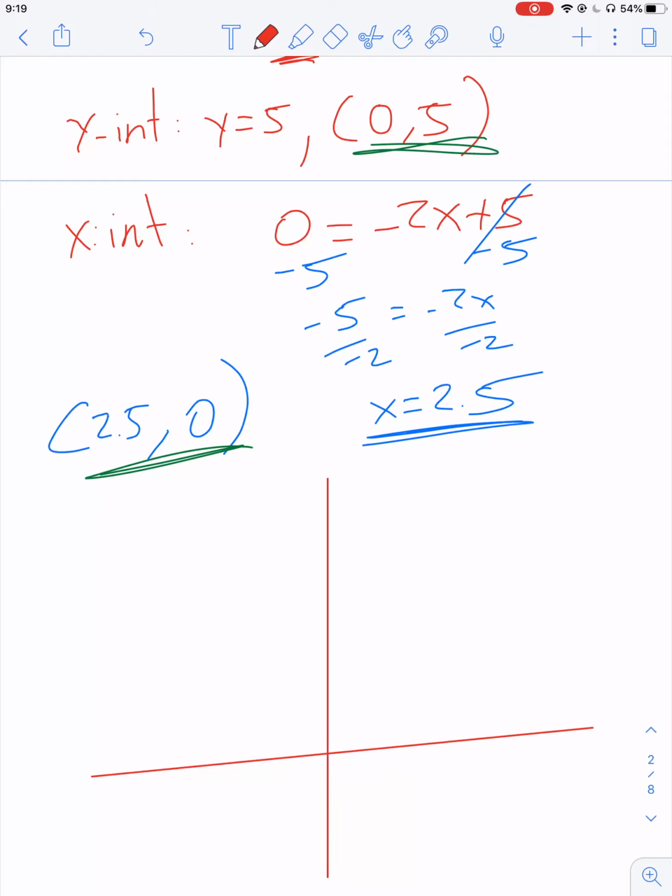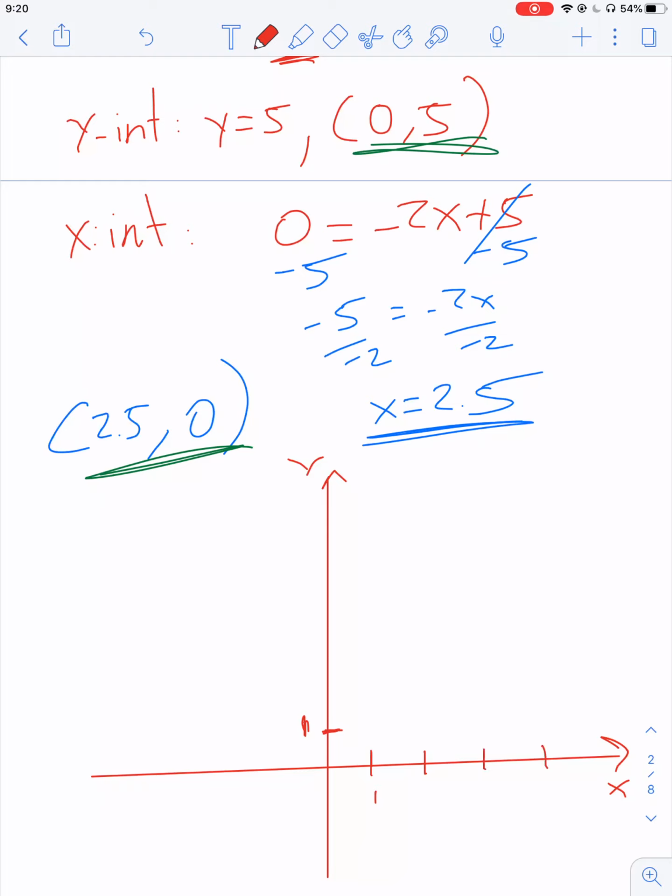So this is x, this is y, this is 1, and this also is 1. So this has to be 2, and then I have 3 and 4. Do I have any minuses? No, so let's just say -1. And then this will be 2, 3, 4, and 5.